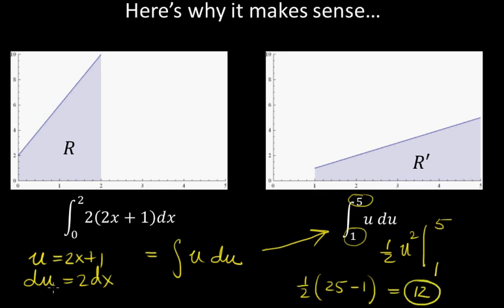Now if we integrated this in terms of x, we'd get 12. In other words, we find that the area would be 12 here, and of course it's 12 here. So what you're seeing is that what this substitution really does, the substitution u equals 2x plus 1, transforms one region into another region where the areas are exactly the same.